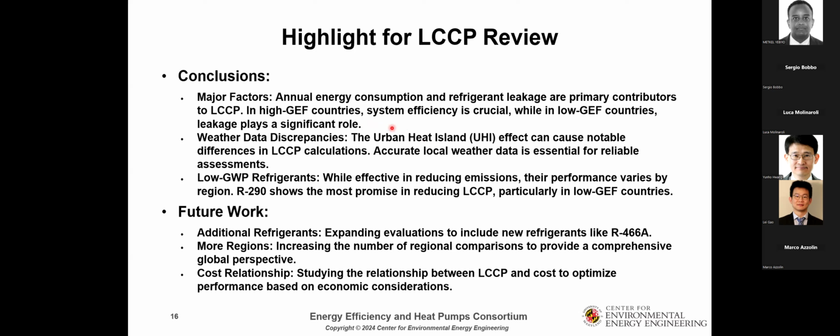And the weather data discrepancy also plays an important role there. And low GWP refrigerants are effective in reducing emissions, though their performance varies by region. R290 shows the most promise in reducing the LCCP, especially in low emission factor countries.